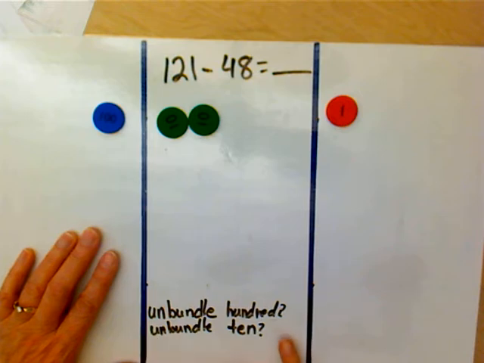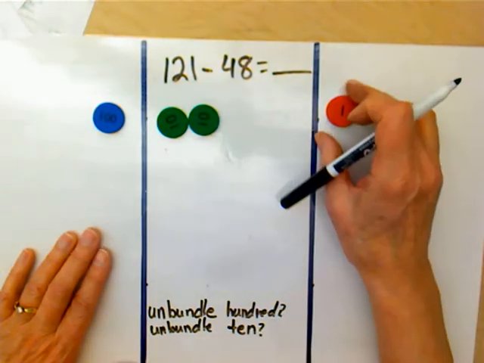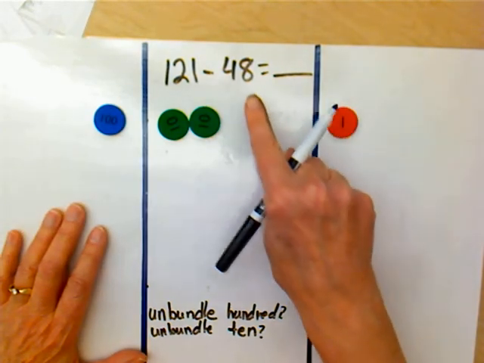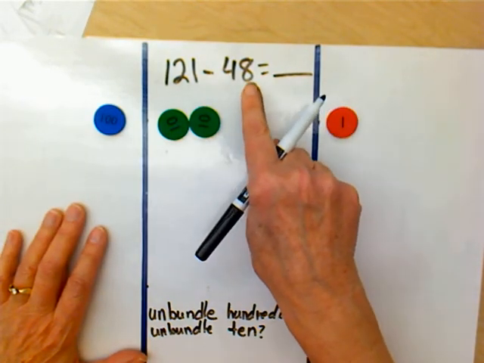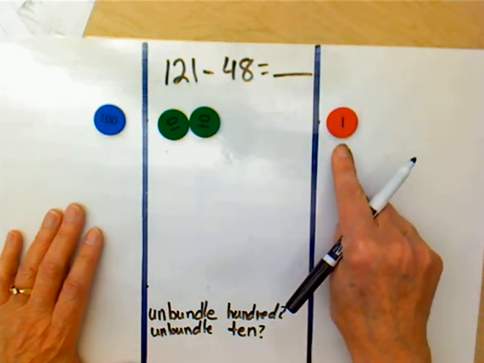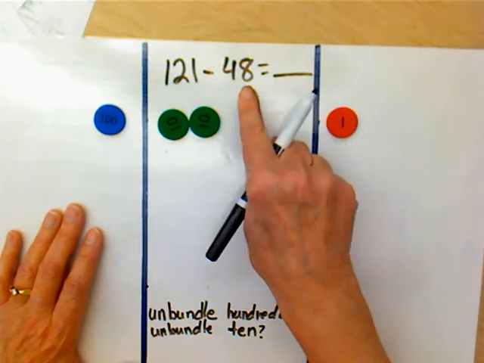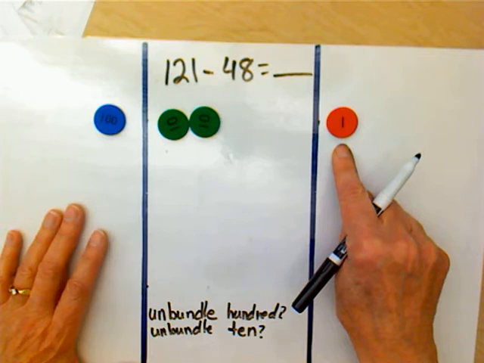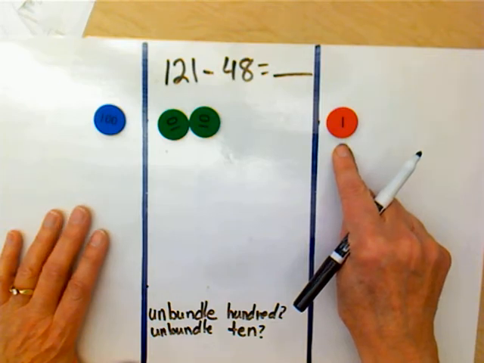Am I going to need to unbundle 100? Will I need to unbundle a 10? Okie dokie, here we go. So I'm going to start with my ones. I have 8 ones, and I need to take that away from 1 one. Can I do that? Can I take 8 ones from 1 one? Boy, I hope you're shaking your head and saying no, that you cannot.